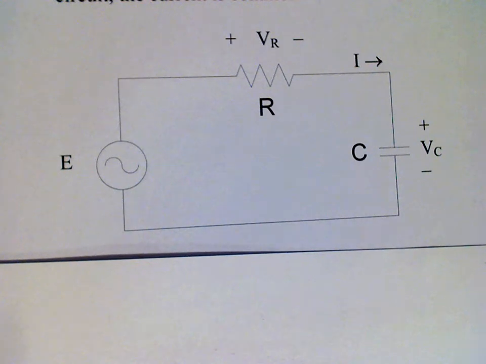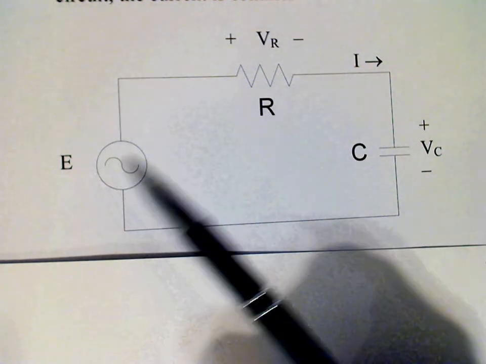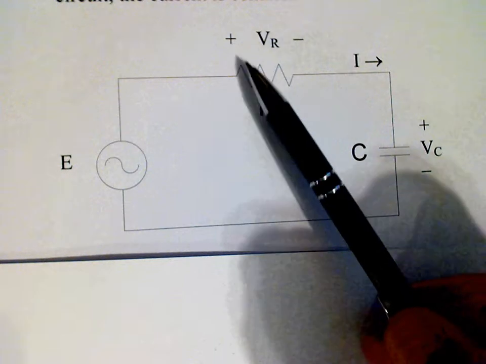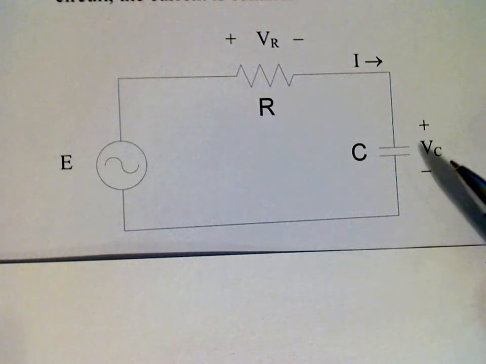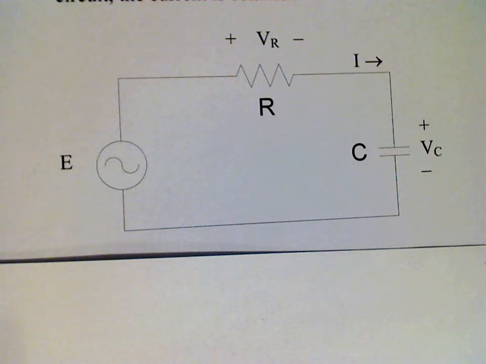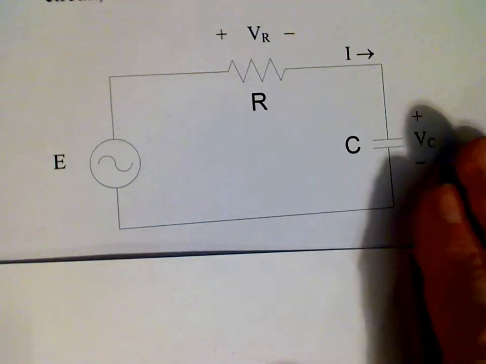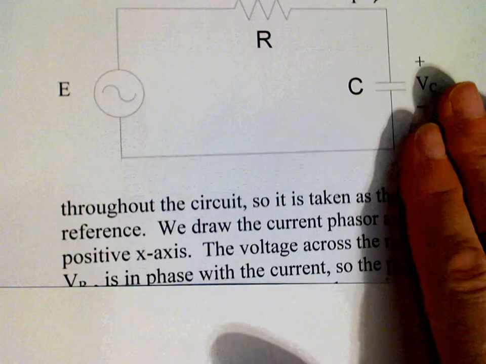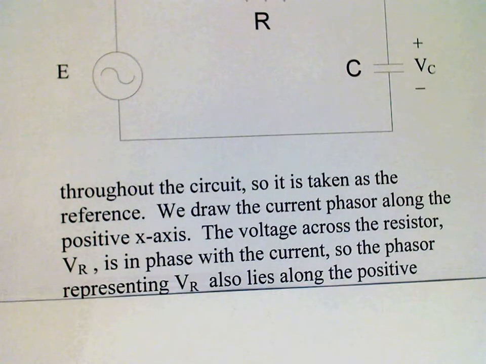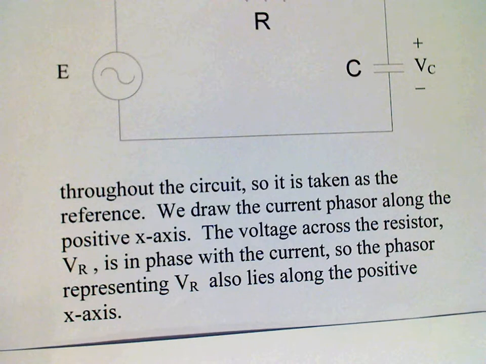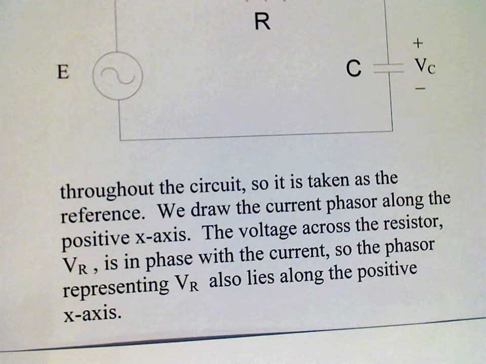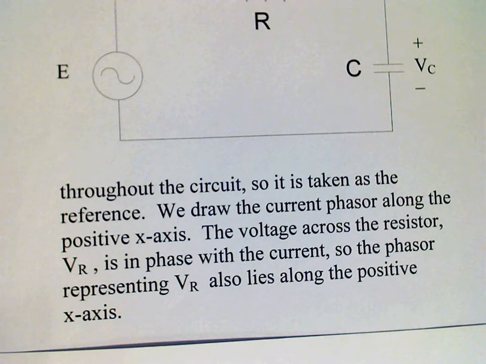We have an AC source, a resistor, voltage across the resistor, and the capacitor with a voltage across the capacitor. Okay, and we're going to draw the current phasor as the reference because the current is common throughout the circuit.